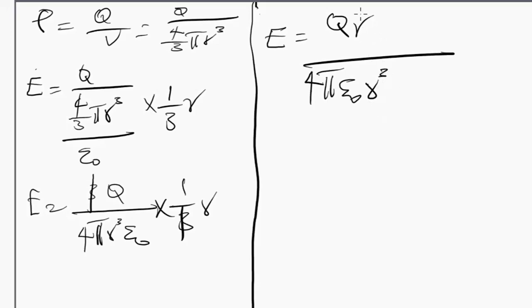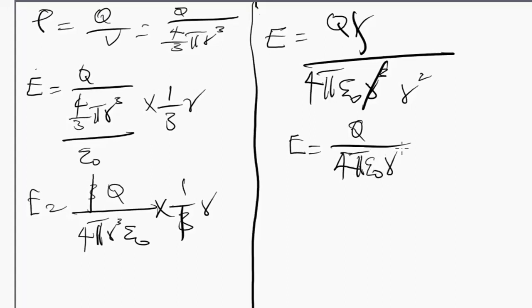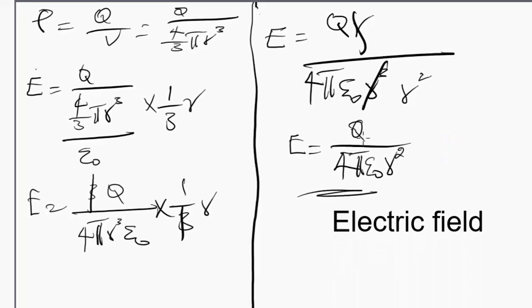Now this makes it simpler for us because we can actually cancel R, and then you'll have R squared here. So ultimately we're going to have Q over 4 pi E naught R squared. This looks familiar. Yes.